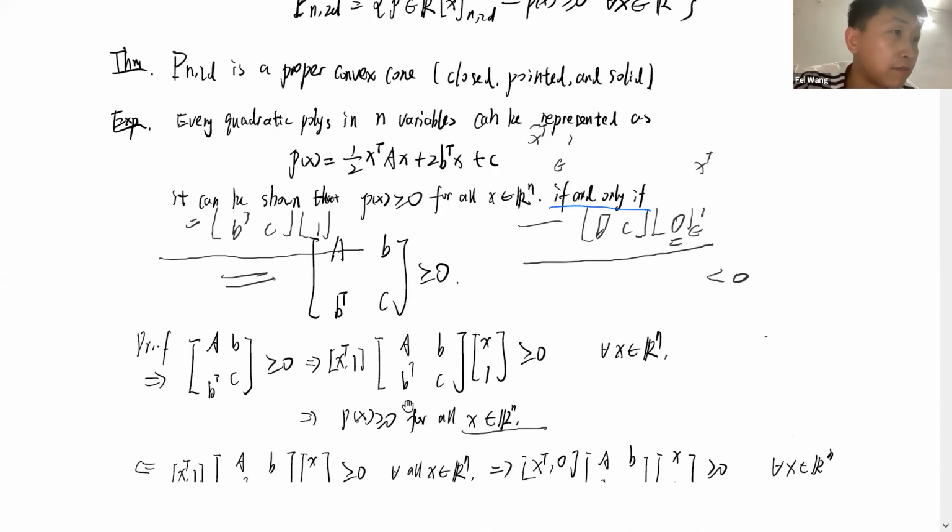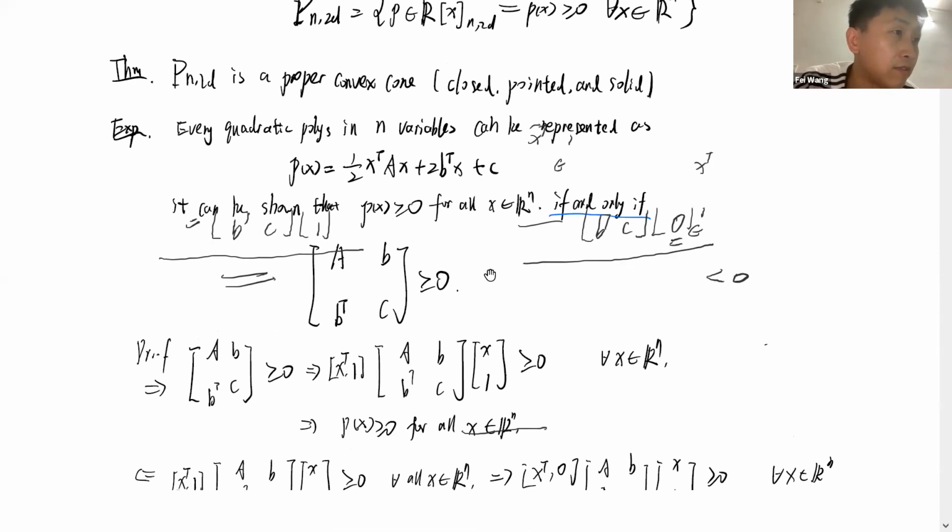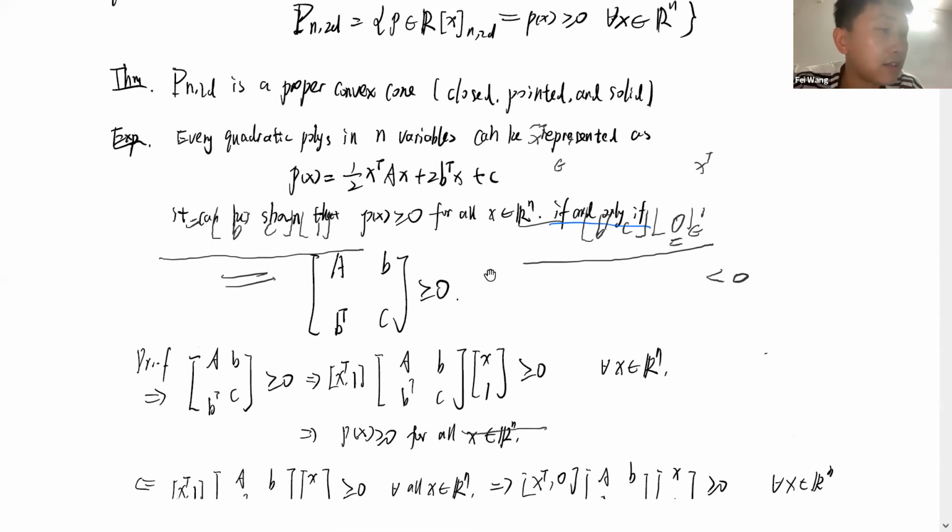So I prove this claim: for quadratic polynomials in n variables, being non-negative is exactly equivalent to an SDP optimization problem.